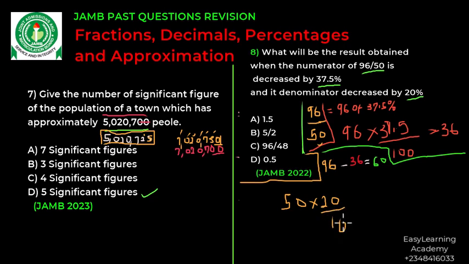So you cancel, and then cancel. So 5 times 2 is 10. Okay, 10.